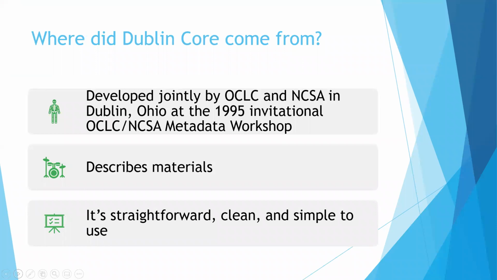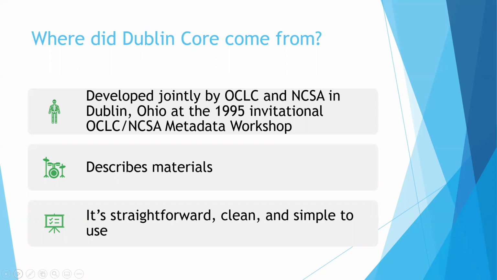So where did Dublin Core come from? It was developed jointly by OCLC and NCSA, which is the National Center for Supercomputing Applications, in Dublin, Ohio at the 1995 Invitational OCLC NCSA Metadata Workshop. Dublin Core describes materials, and it's straightforward, clean, and simple to use.